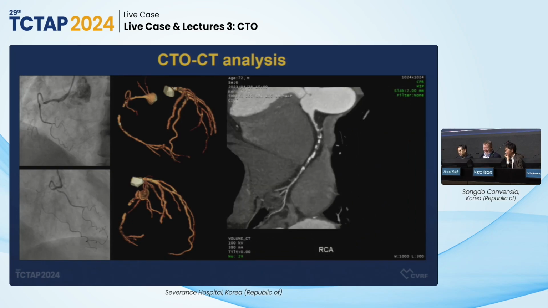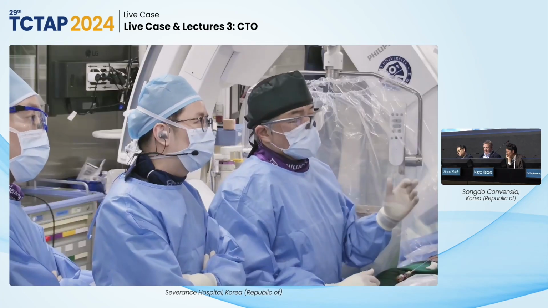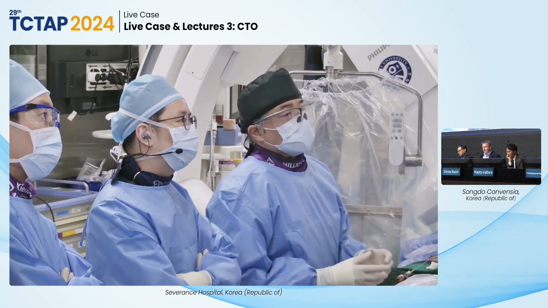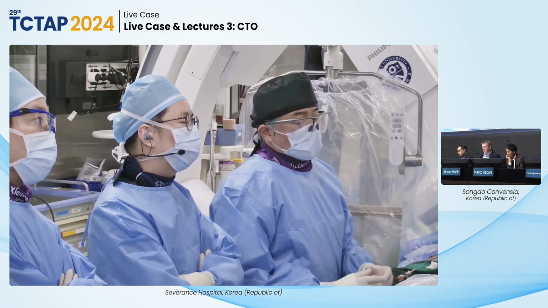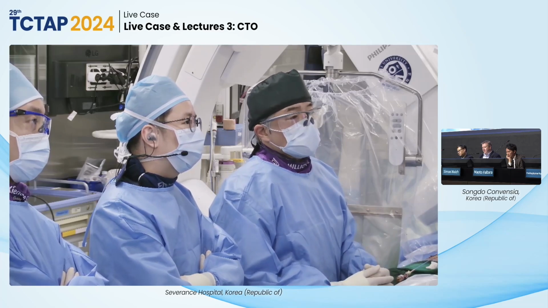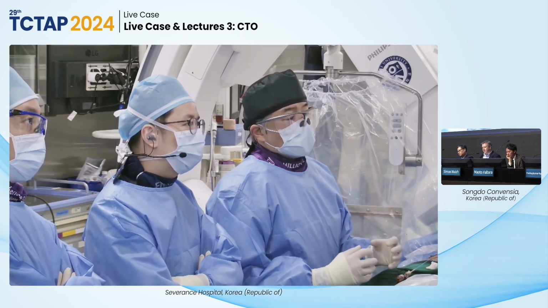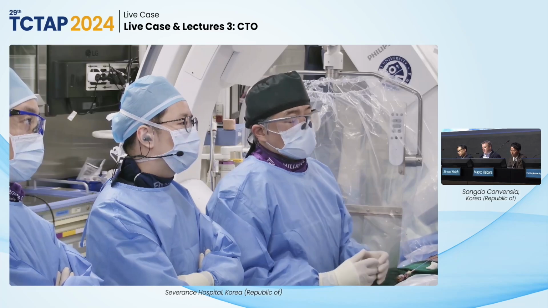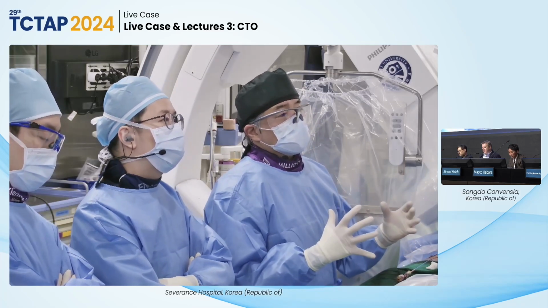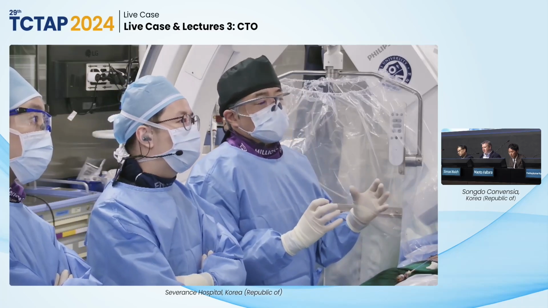Okay, this is the summary of our case. As you can see, this CT analysis is quite similar to what our center really performs in CTO cases. It is from the matching view and also cross-sectional images, and we also performed qualitative and quantitative CT analysis, especially for target classification.